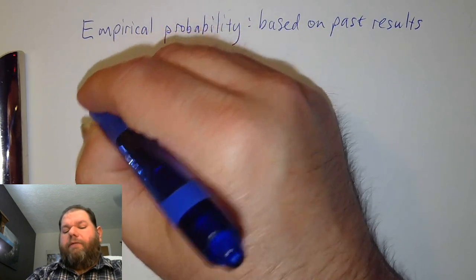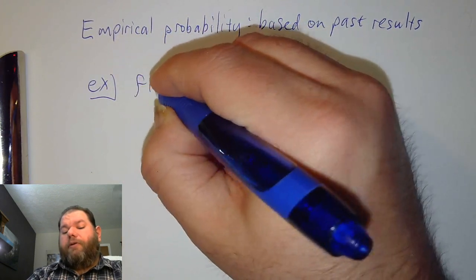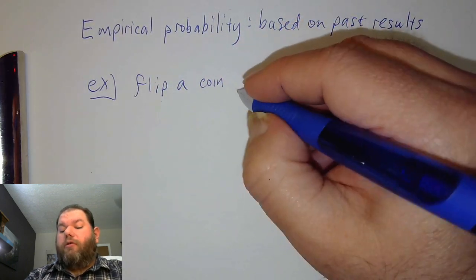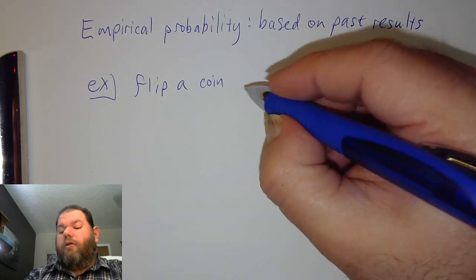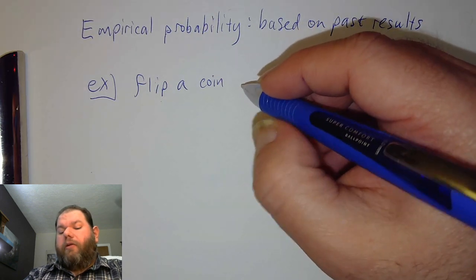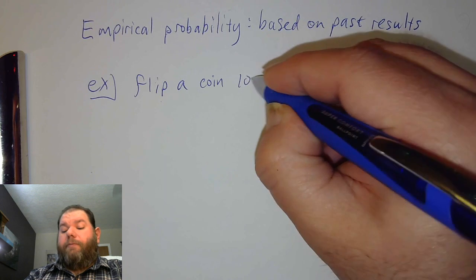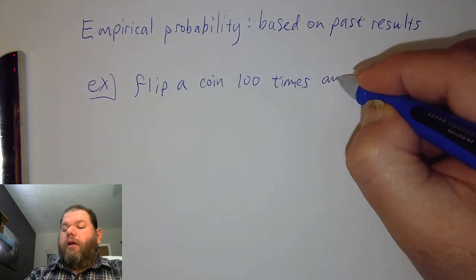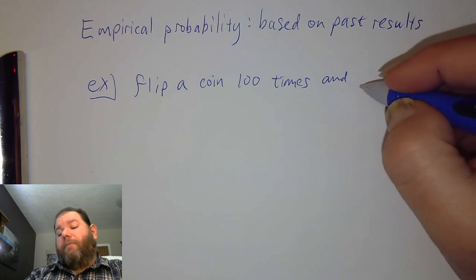So let's say, for example, we flip a coin 100 times, and it lands on tails 80 times.